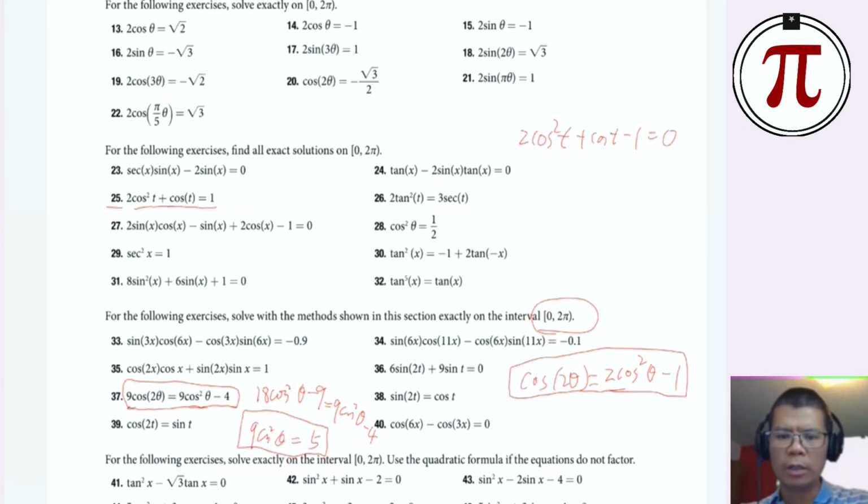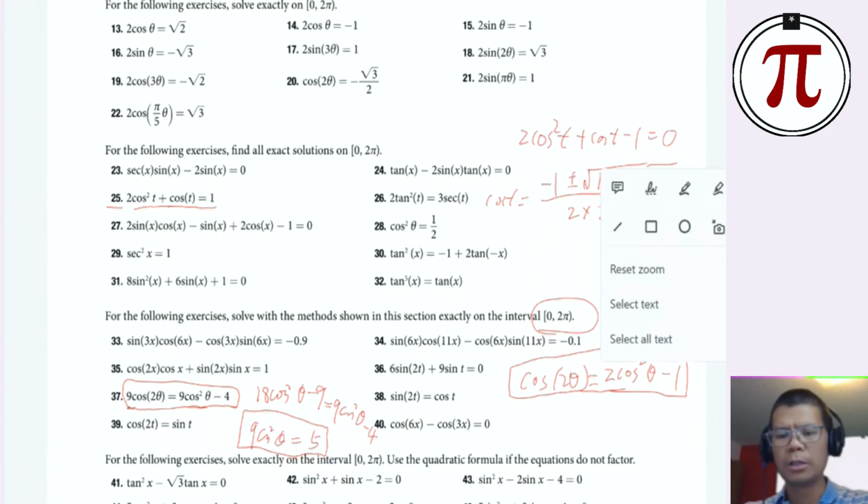So cosine of t equals negative b, which is -1, since b is 1 here, plus or minus the square root of b squared, 1 squared, minus 4 times 2 times c, which is -1, all over 2a, 2 times 2.